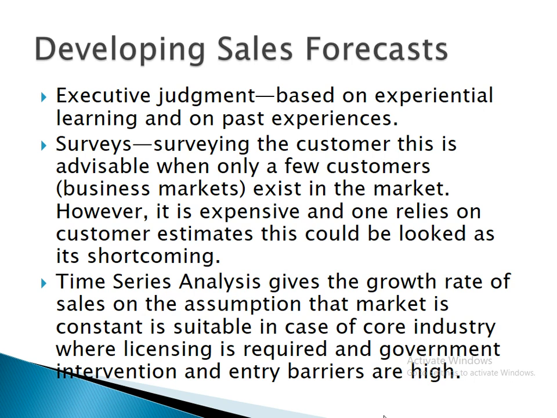Then time series analysis. Again, this is part of operations management. Time series analysis gives the growth rate based on the assumption that the market is constant, and is suitable in the case of core industries where licensing is required and government intervention and entry barriers are typically high.